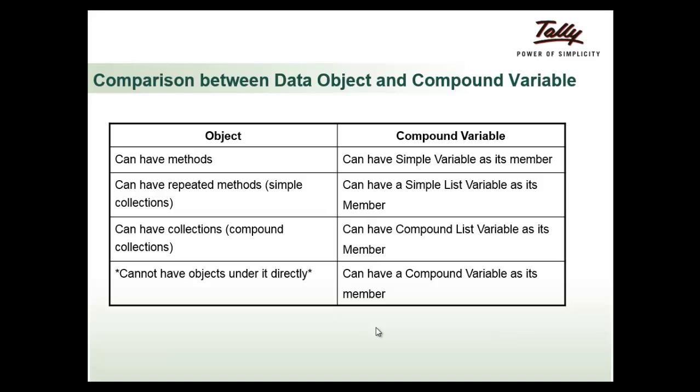And we saw one difference between object and compound variable, that object cannot have another object under it directly, but compound variable can have one more compound variable under it directly. And we saw that with this particular nature of having variables under variable, you can create a hierarchy of variables.